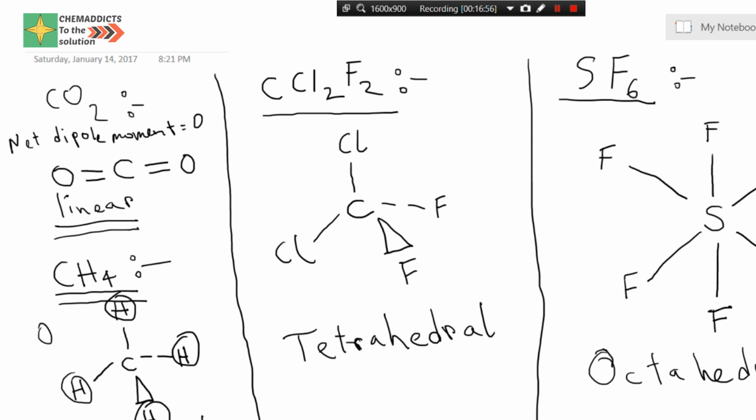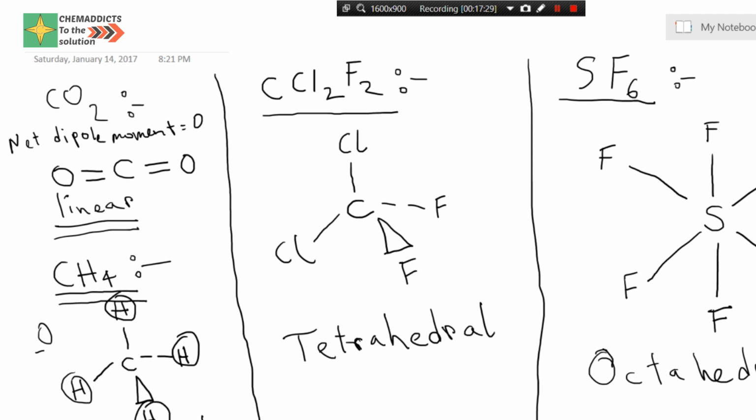That makes the dipole moment of this molecule 0, and it's also the shape. Generally, if all the atoms attached to this carbon atom are the same, in tetrahedral shape, then we get a net dipole moment of 0.